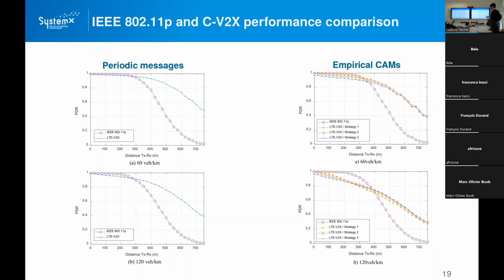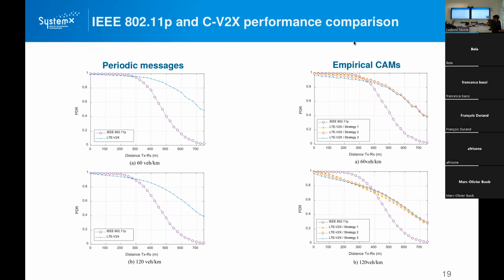The scenario was 3 lanes on a highway. So it was a simple scenario, not many obstacles. Yes, 5 minutes. Yeah, I go very fast.